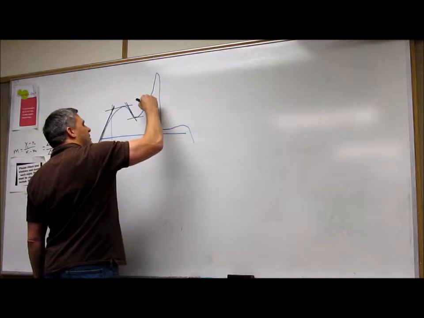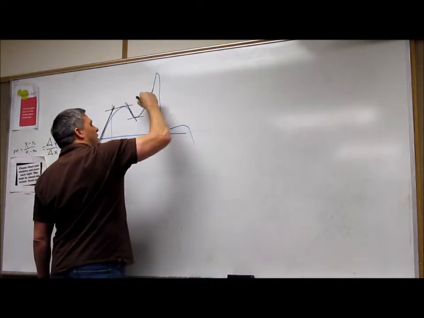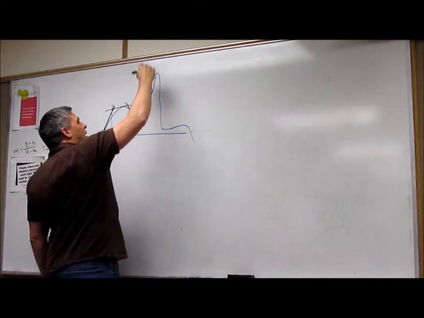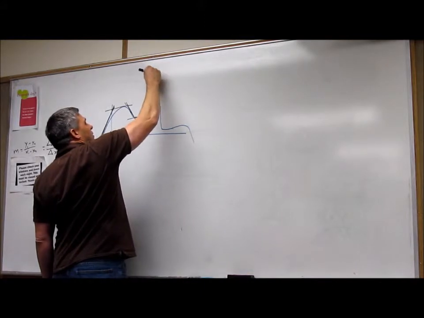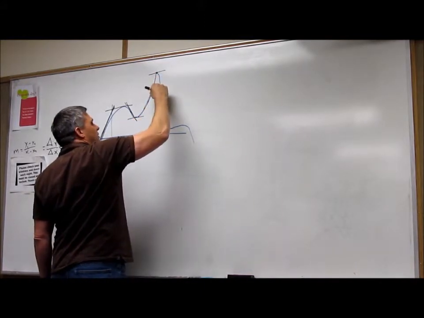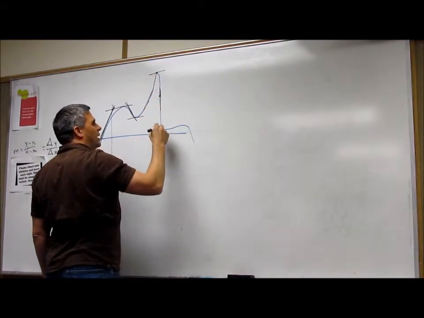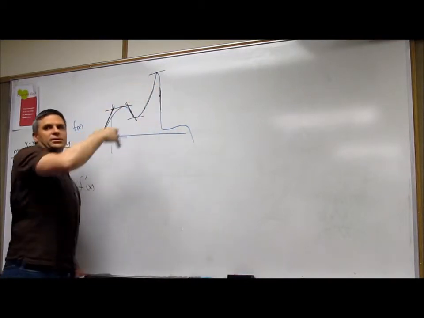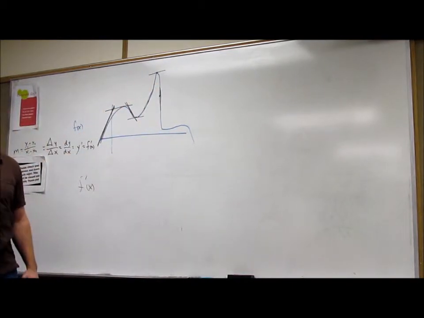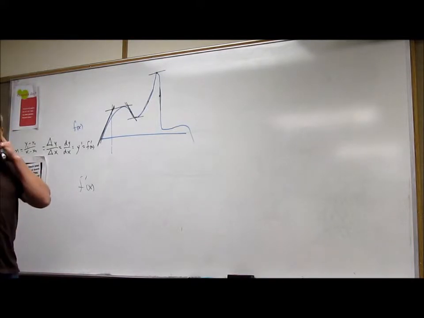And then the next one, right here. Okay? And the next one, right here, and this doesn't go straight down. It's important to know that it doesn't go straight down. It could go straight down, I guess, if we wanted it to.